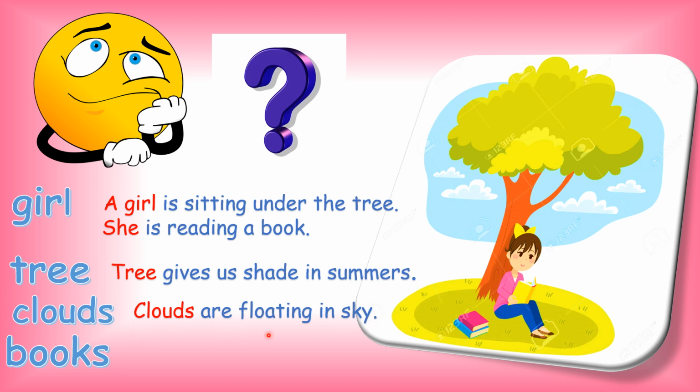And both together, clouds are floating in the sky, is a complete sentence. Now, what about books? Books are lying on the ground. Again, books are the subject and are lying on the ground is the predicate because this is telling what the books are doing.